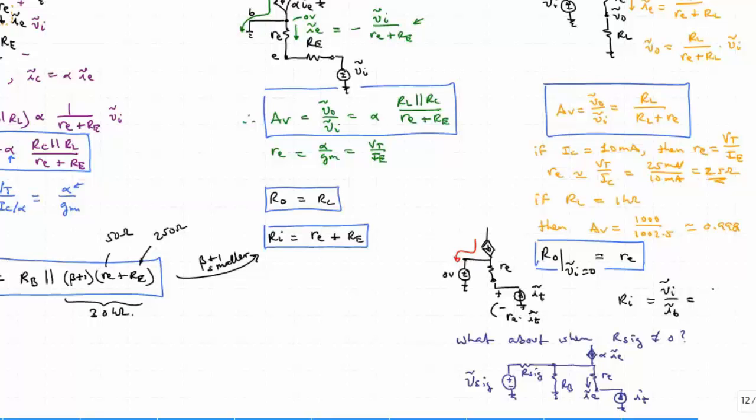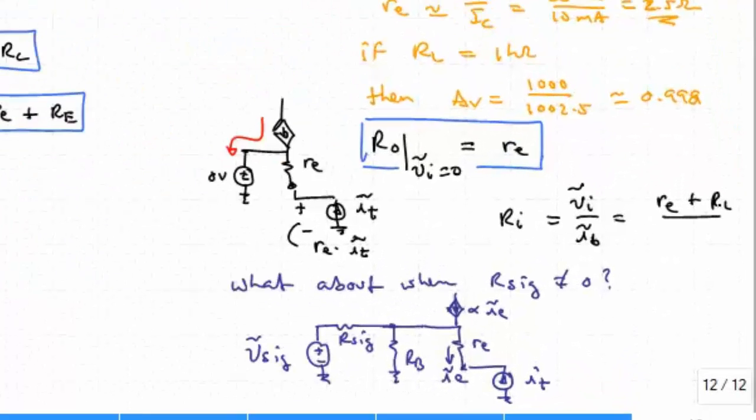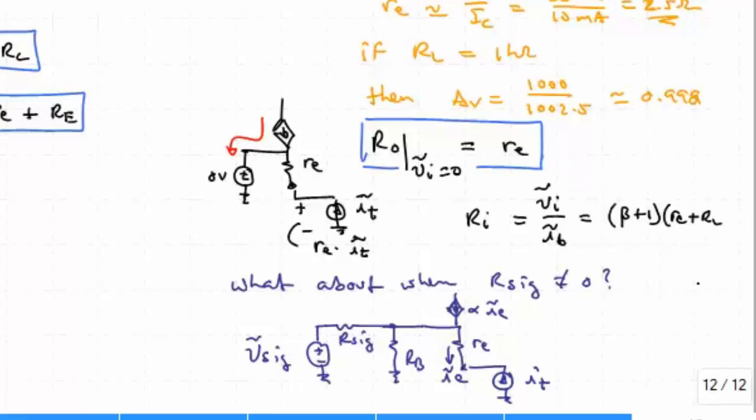What we'll end up with is re plus RL times beta plus 1. Maybe I should derive that fully. Let me go ahead and box this and we'll go back to deriving it over here.